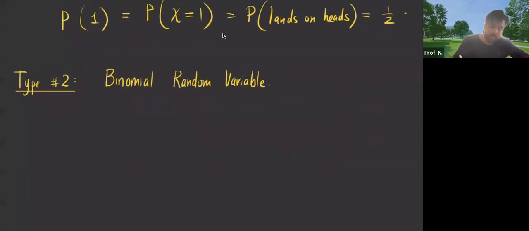And this one is very important because this comes up a lot. This is a common one. So what is the binomial random variable? Okay, so it piggybacks off of the Bernoulli random variable.